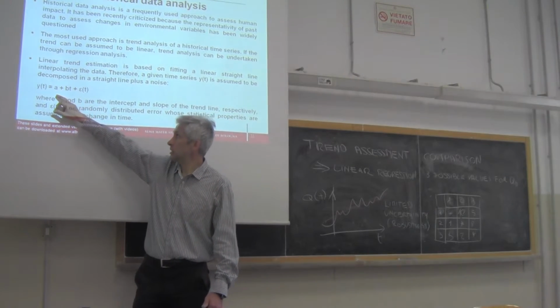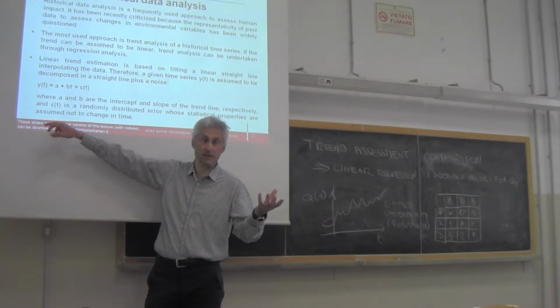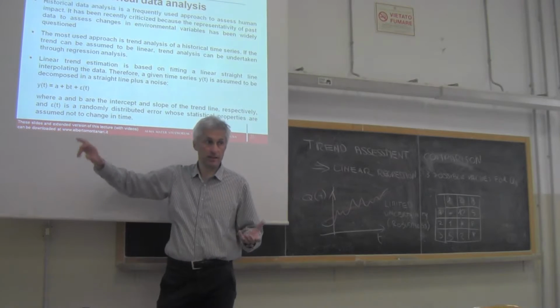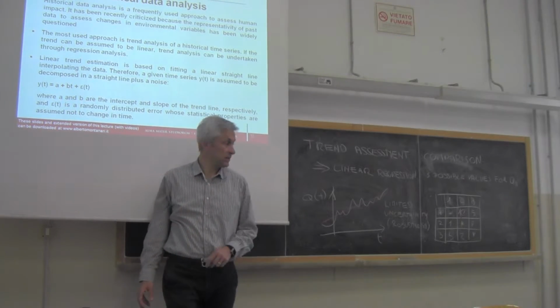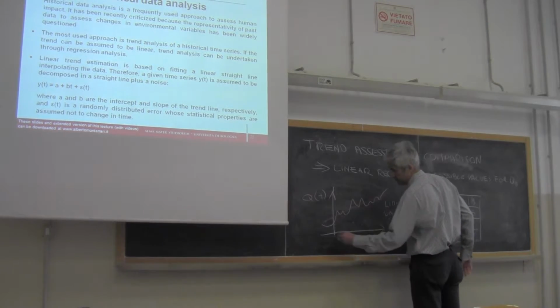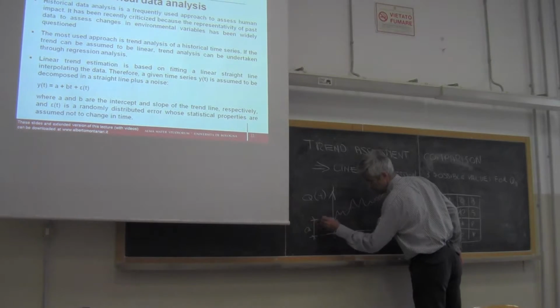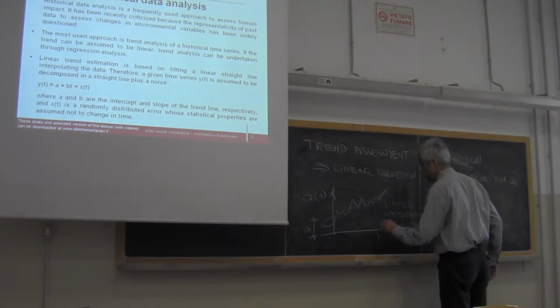So this is the formula of a straight line with two parameters, a and b, that need to be estimated. The intercept a, which is here, and the slope b.